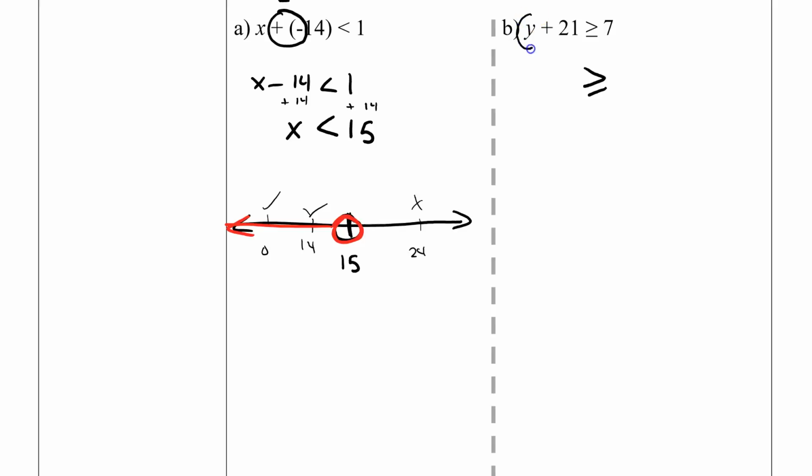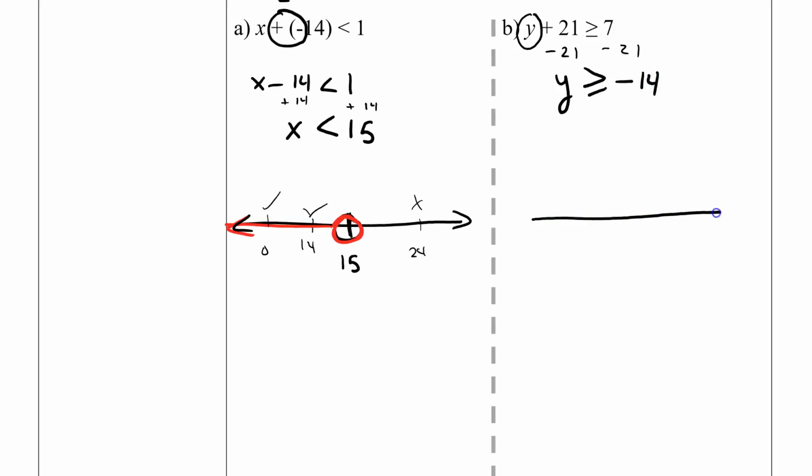The name of the game is isolation of the variable, so I need to get the y all by itself. I'm going to go minus 21, because 21 is added to the y. So plus 21 minus 21 is 0, and y plus 0 is simply y. And 7 minus 21 is going to be negative 14.